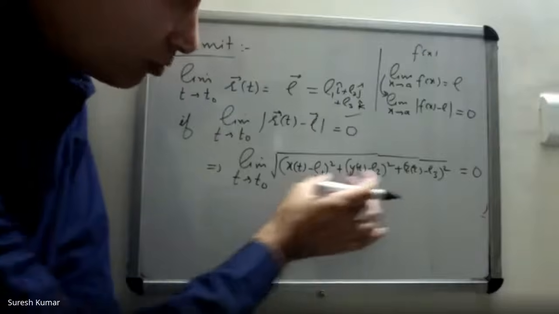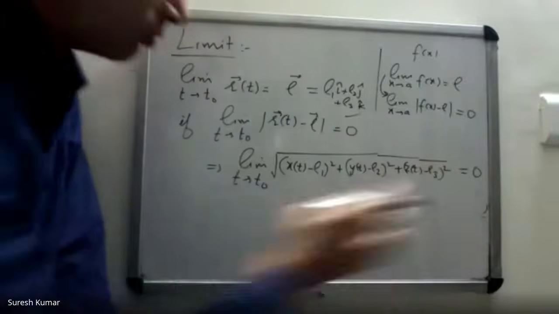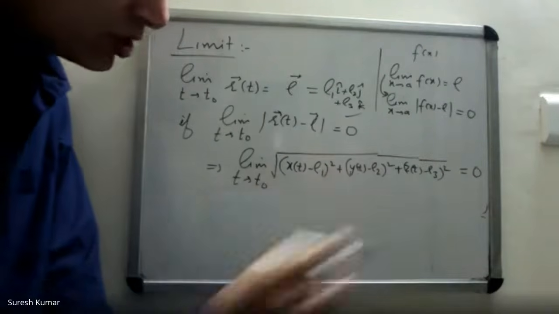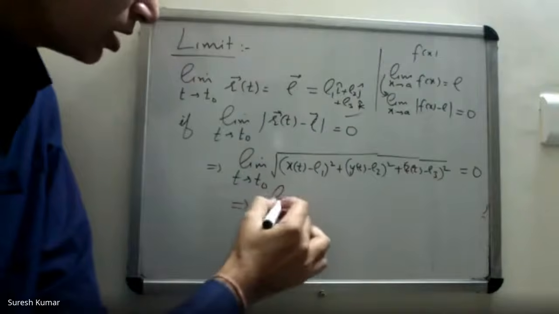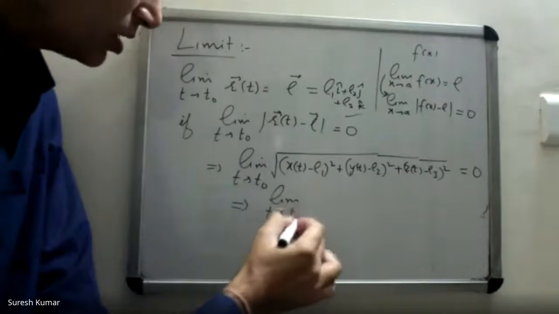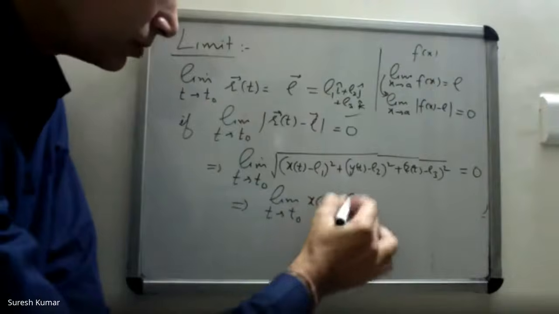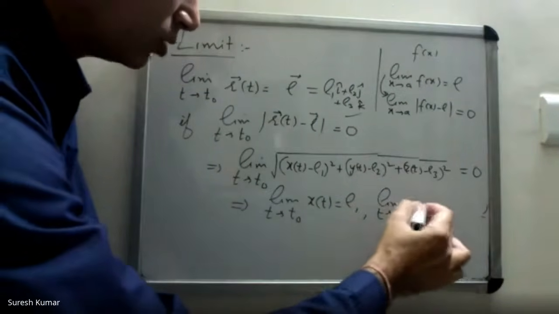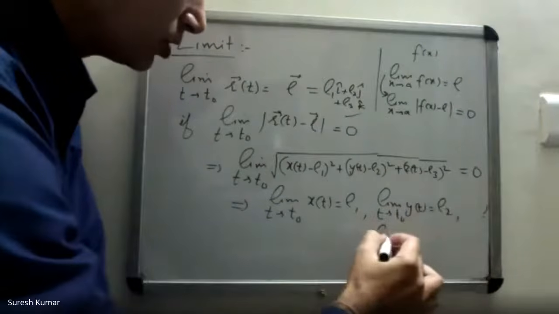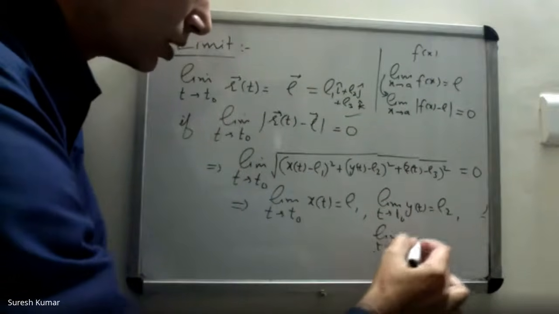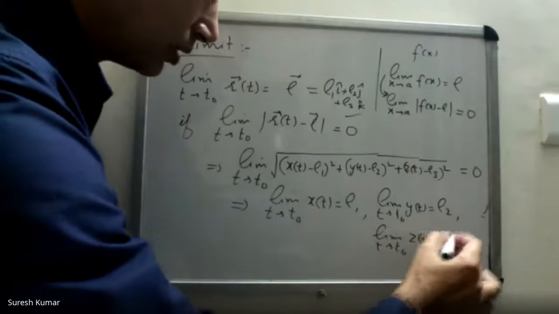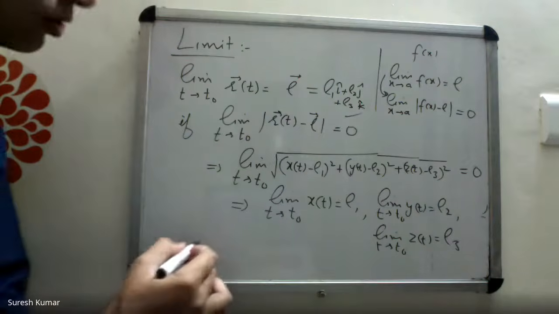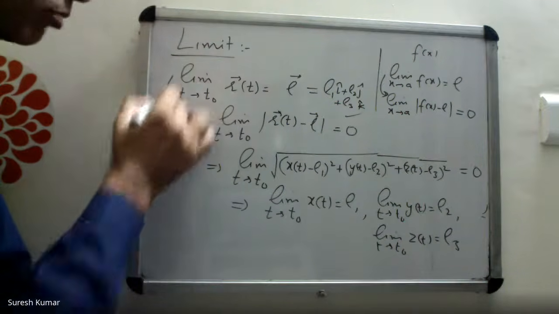Now you see sum of squares of three quantities is 0 as t tends to t0. It means these individually should be 0, isn't it? So from this, can I say limit t tends to t0 x(t) is L1, limit t tends to t0 y(t) is L2, and limit t tends to t0 z(t) is L3. So I'm telling you now a working formula that you will use in the problems.